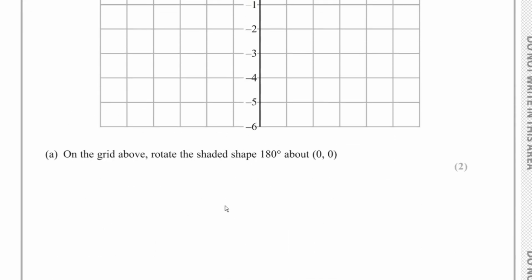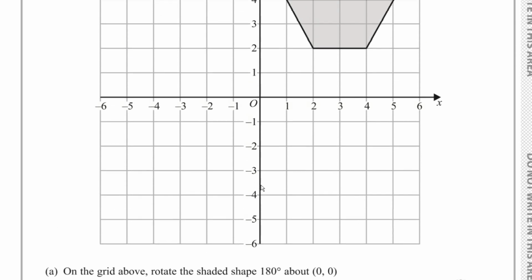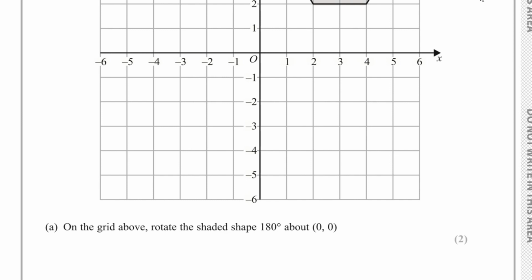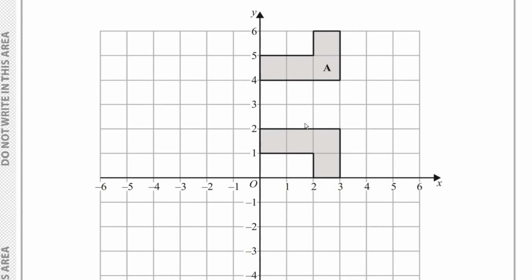Question number 18, part A, rotate the shaded shape 180 degrees about 0, 0. Well, if we do that, we end up with this shape here. Mike was asked to reflect shape A in the line with equation x equals 3. Mike's answer is shown on the grid. Explain why he's wrong.